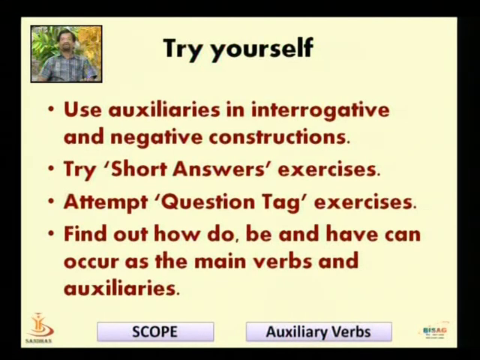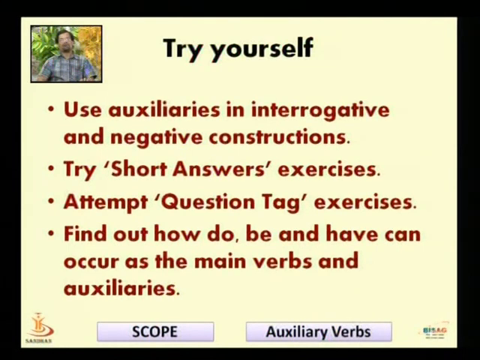So what you can do is start and prepare yourself for the examination. Next exercise is question tag. As I have shown you in the earlier slides, you will have to use auxiliary forms of do, have and be in the given cases when we want to add a question tag to the sentence.